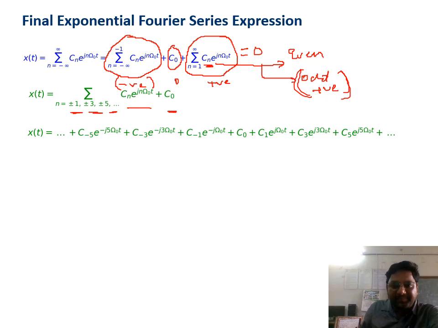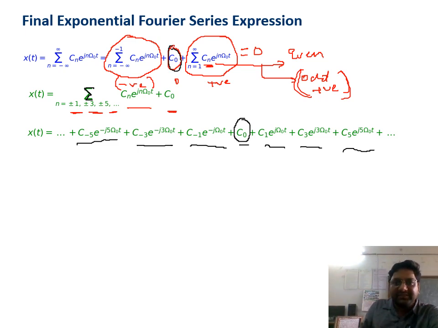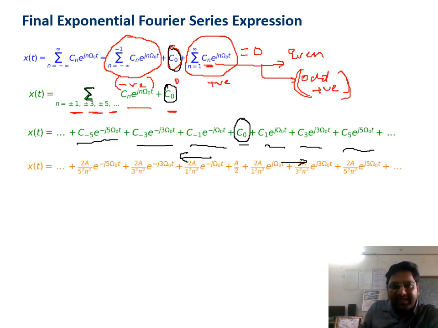Further expansion of the sigma into individual terms gives me 5, 3, minus 5, minus 3, minus 1, 0, then 1, 3, 5. Remember, we already have the C naught value from the previous step, so C naught remains as it is. The left side is the negative odd numbers, the right side is the positive odd numbers. We know that Cn is 2a by n square pi square.